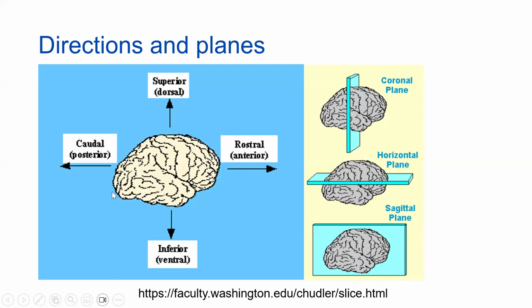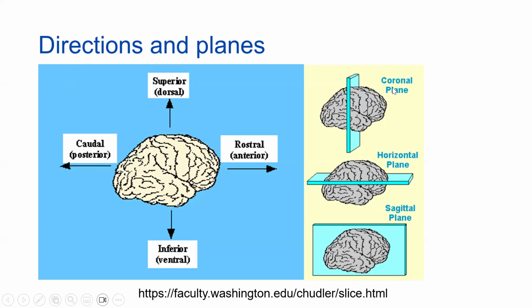The back of the brain is the caudal or posterior direction. Up is superior or dorsal, and down is inferior or ventral. And so you'll hear anatomists referring to different brain structures and their direction away from each other using these terms.